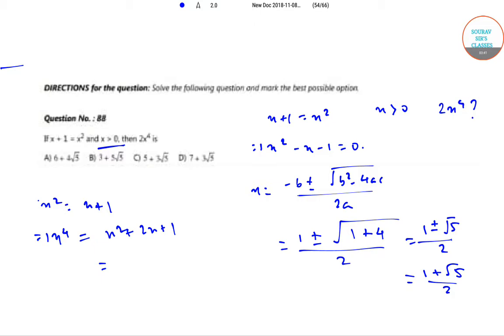But x squared was equal to x plus 1. So we get x plus 1 plus 2x plus 1. This is equal to 3x plus 2.